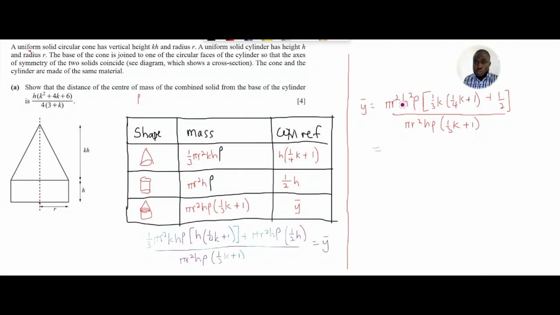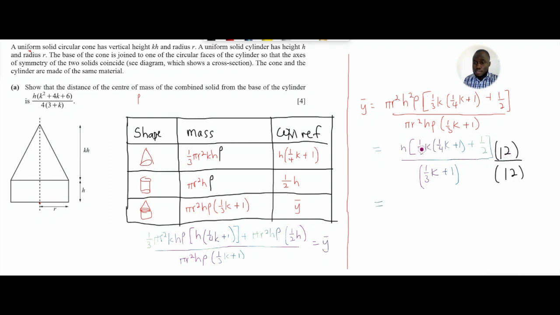Pi r squared, one of these h's together with rho will cancel out. And that leaves us with just h in the numerator outside the brackets. With what we have, it will be a good idea to remove the fractions by multiplying through the top and the bottom by a common factor, let's say 12.